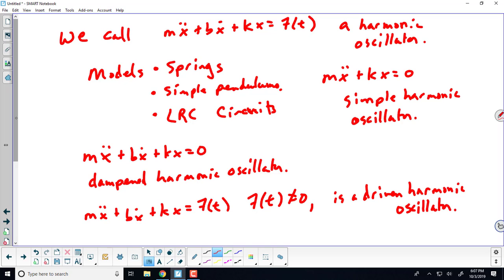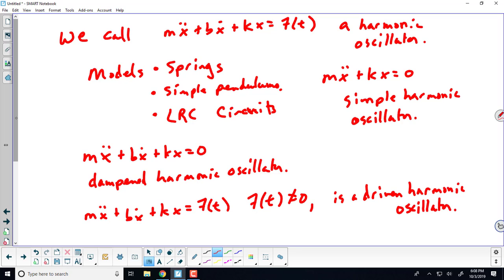If the b value is positive, it's eventually going to bring this spring down to a halt. That's assuming you don't have an external driver. An external driver might be you've got a spring hooked up, but you've also got a motor that every once in a while does a revolution to keep energy being inputted into the spring, and it continues oscillating.